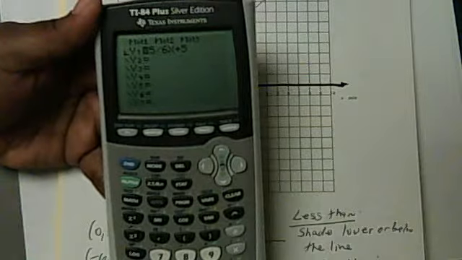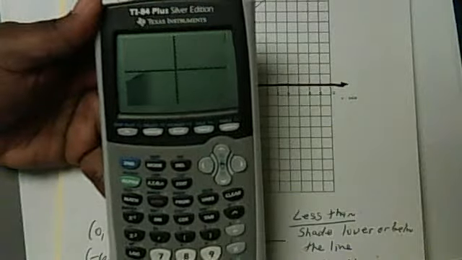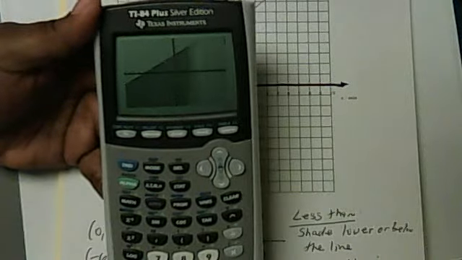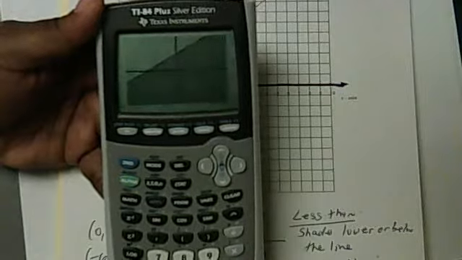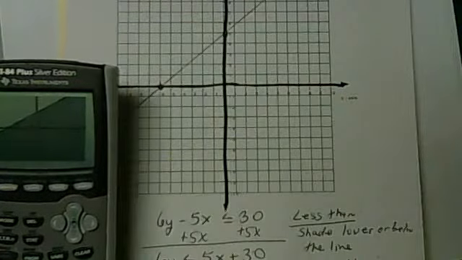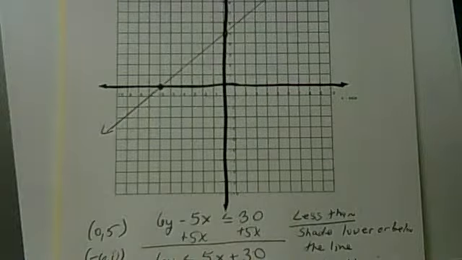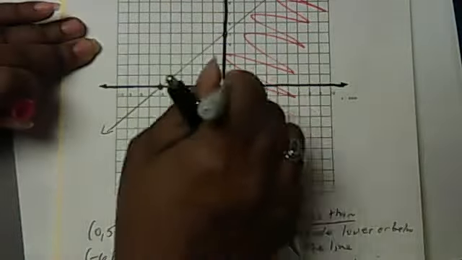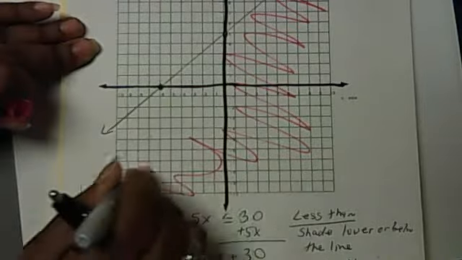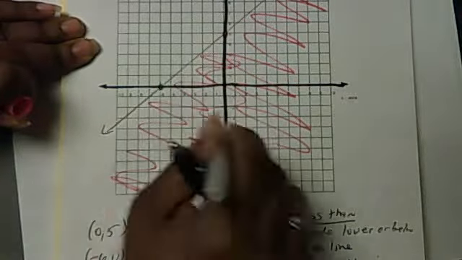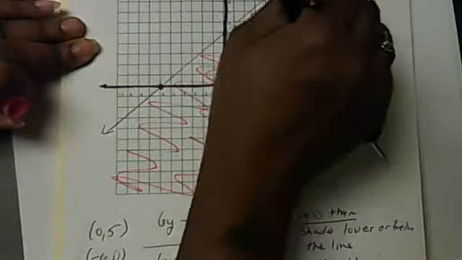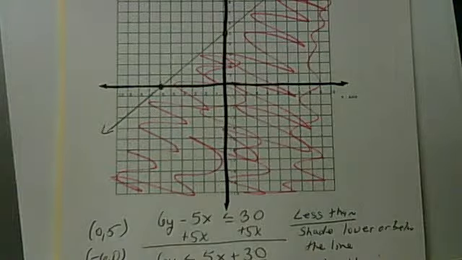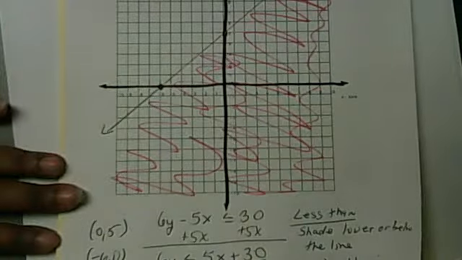So you leave it there, and then you hit graph. And the calculator will tell you where you should shade. So it's telling me that I need to shade down here below my line, which would be here. So in MyMathLab, you would click the tool to shade, and you would shade this side. And that's how you use your calculator to show you what you need to shade.